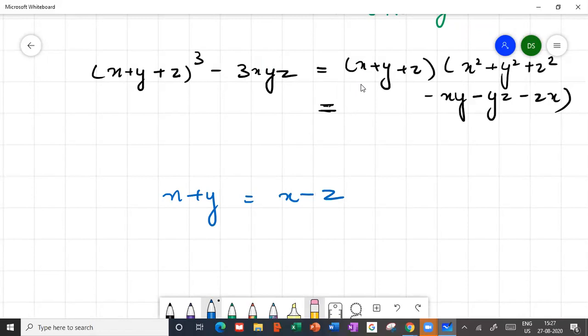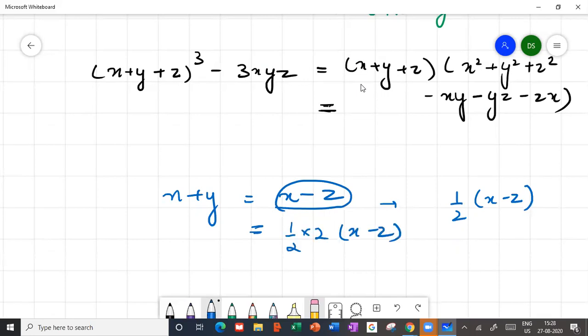Now I want to write x minus z as half into x minus z. Multiply by both sides, correct. You can do that also. This is how you can introduce a half without changing the equation.